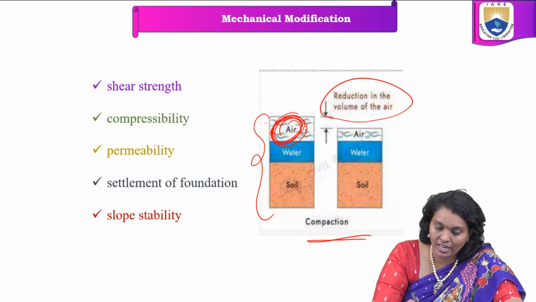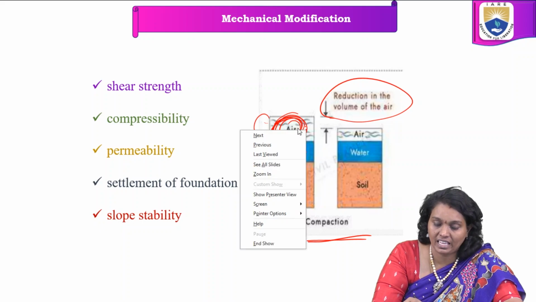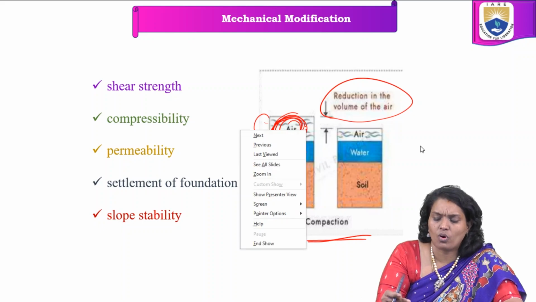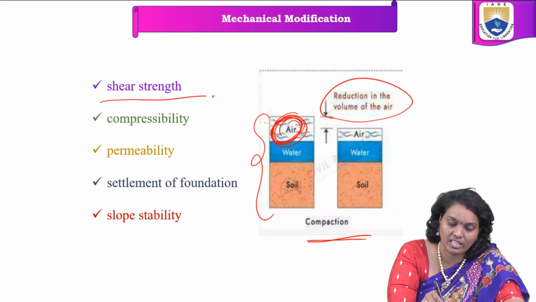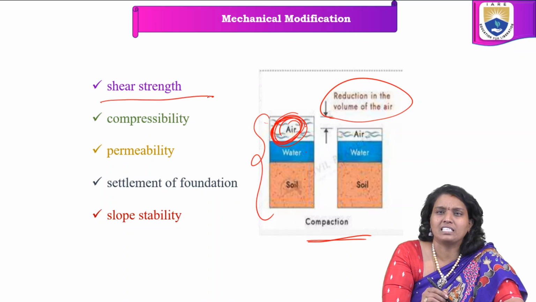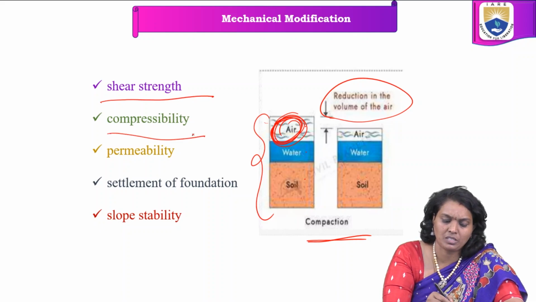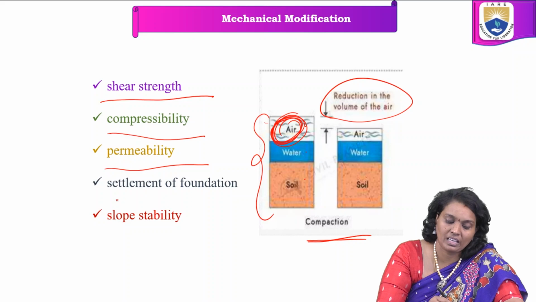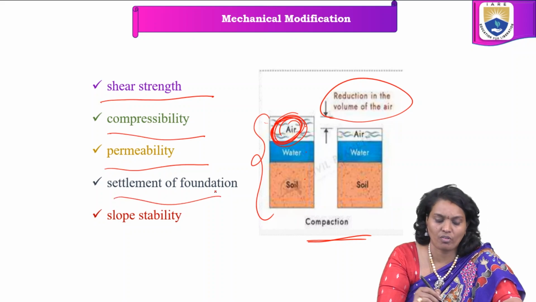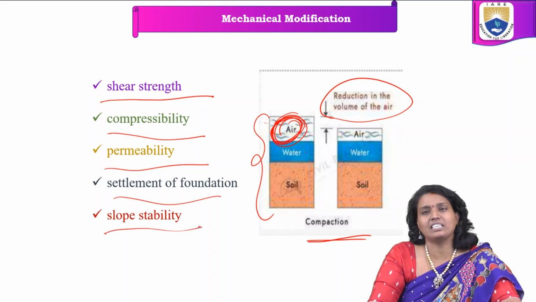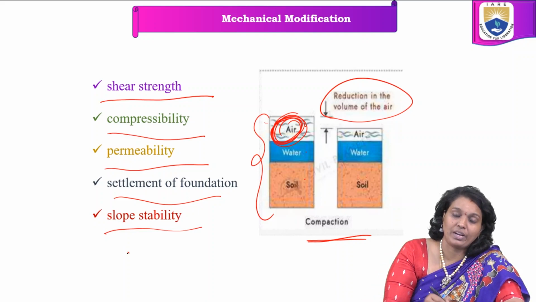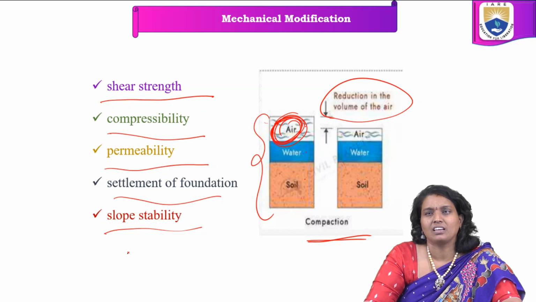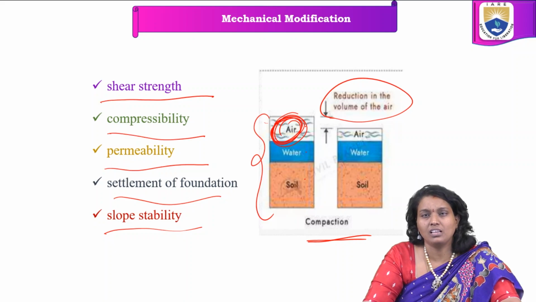Because of the reduction of air in that soil, it increases the shear strength, reduces the compressibility, reduces the permeability, reduces the settlement of the foundation, as well as increases the slope stability. So these are the various parameters that are affected by the compaction of the soil.